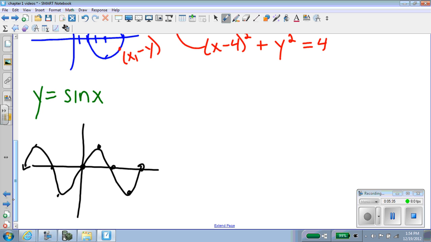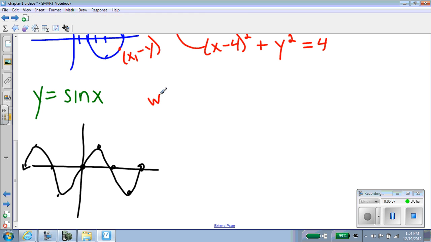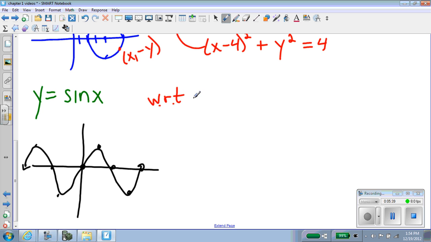Our third type of symmetry is symmetry with respect to the origin. Now that's not a line of symmetry, that is a rotational symmetry. So what I'm going to do, I've got y equals sine of x. I've drawn one way of going forward and one way of going backward just to show this symmetry.